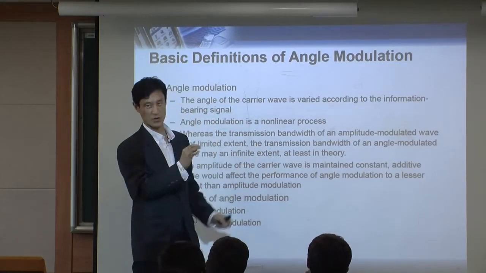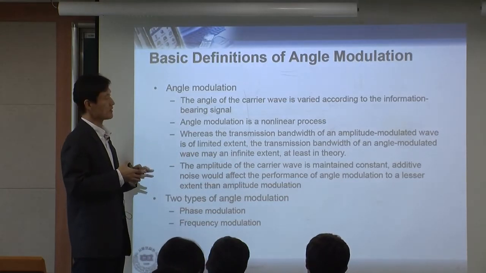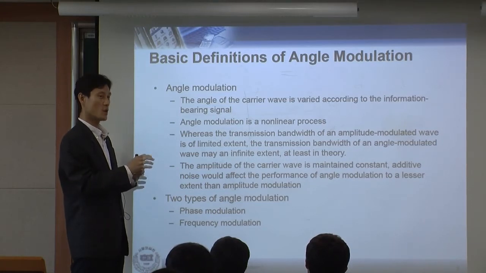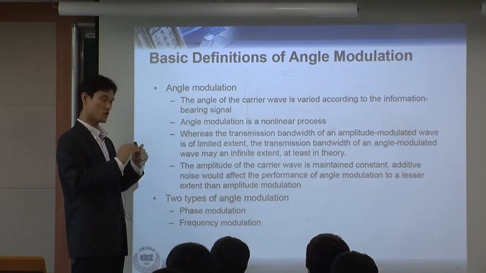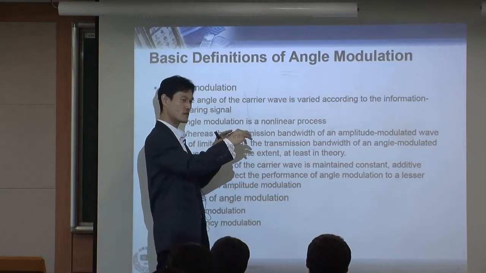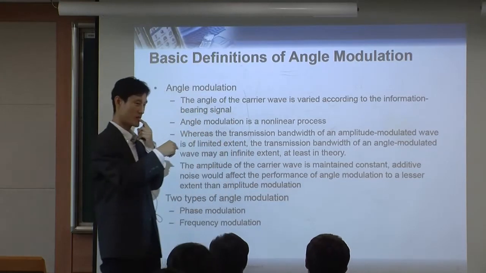We never considered noise. But later in this semester, maybe after the midterm, we're going to talk about noise. When you have noise, you transmit s(t), but s(t) plus noise is received. When you receive, you have noise.